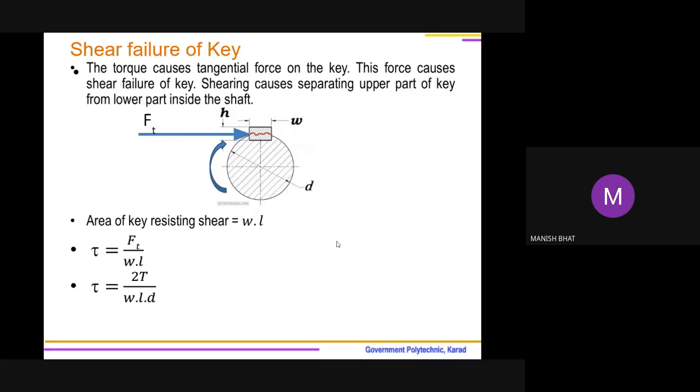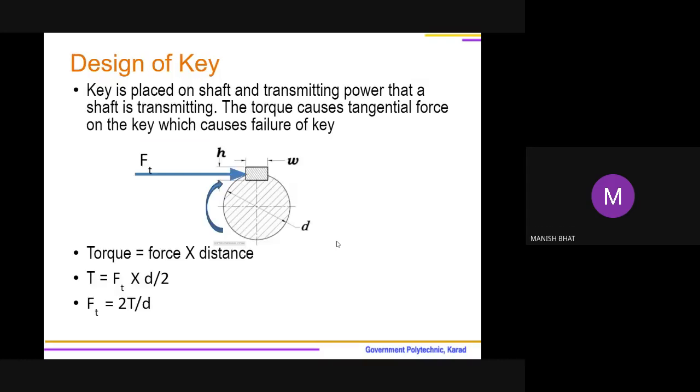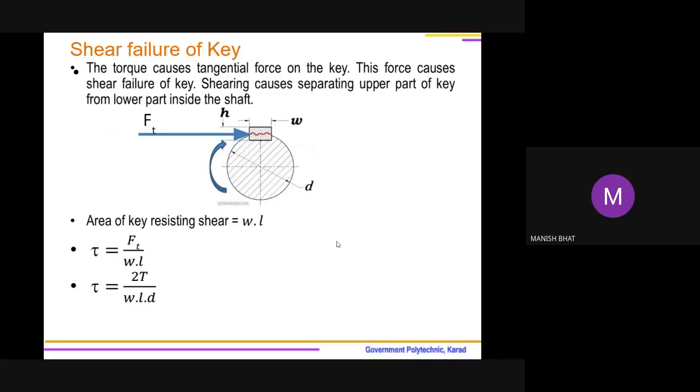What is Ft? How can we represent it in terms of torque? It is 2T upon D. We have seen, Ft is 2T upon D. Let us put it here. So the strength equation indicating shear failure of key becomes tau is equal to 2T upon WLD.